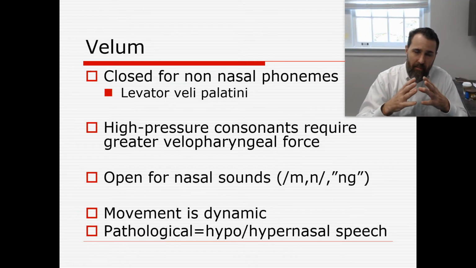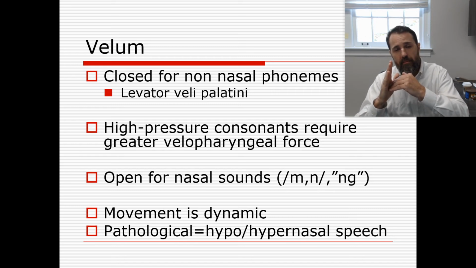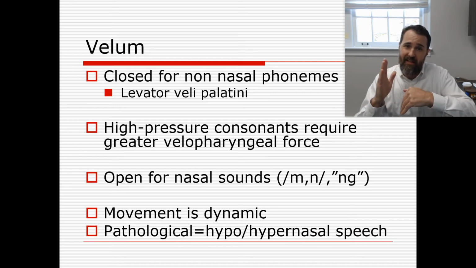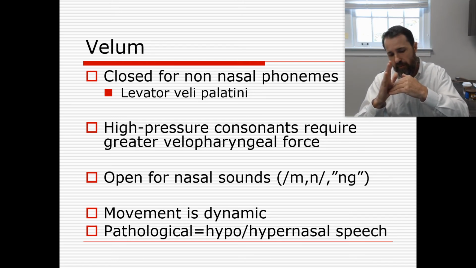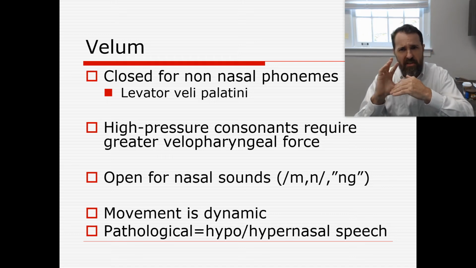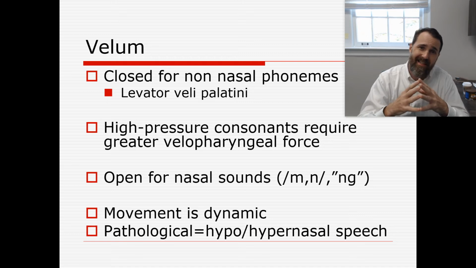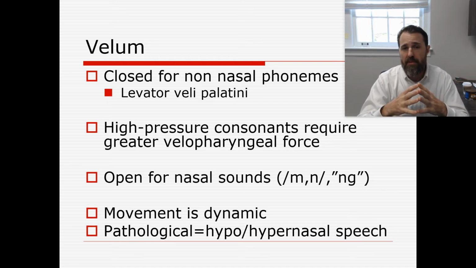And also thinking about the role of the velum in articulation, let me reiterate, the velum is raised, and remember that is the levator veli palatini, the primary elevator of the velum. So the levator veli palatini raises the velum to seal off the velopharyngeal port to reduce nasality during articulation, and that's done for non-nasal phonemes.